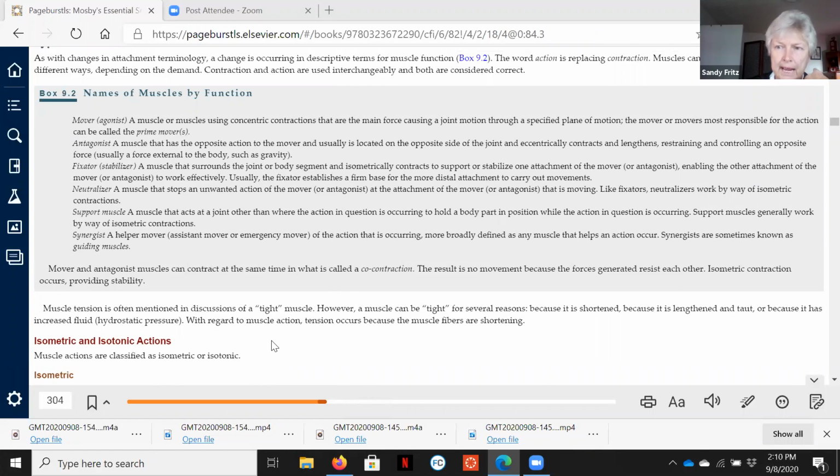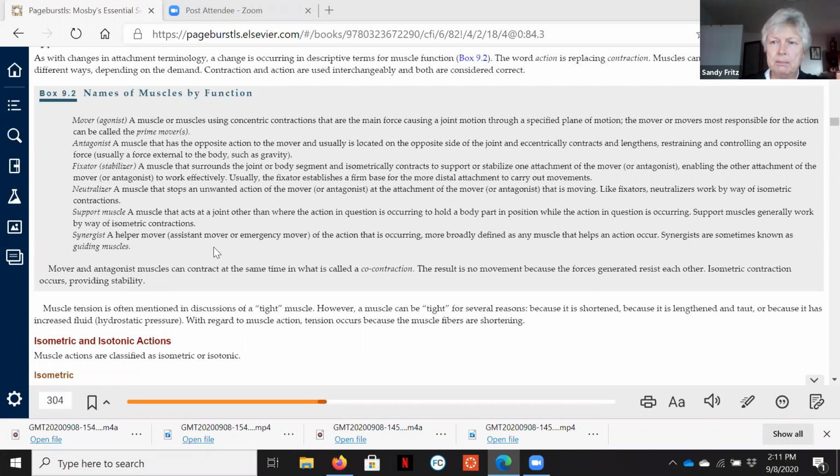Okay. And then the actual action of what these do when they are a mover, an antagonist, or a fixator, the actions have names. So when I am Sandy, and I'm being a teacher, then what I'm going to be primarily doing is dispensing information and guiding the student around what they're doing and answering questions.